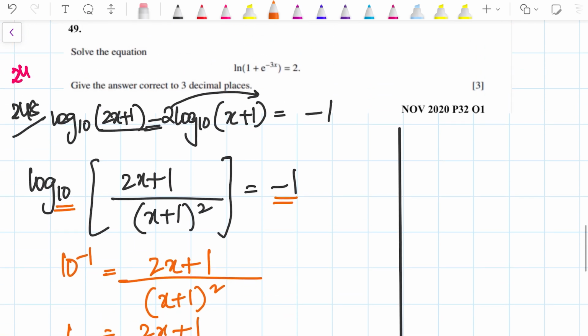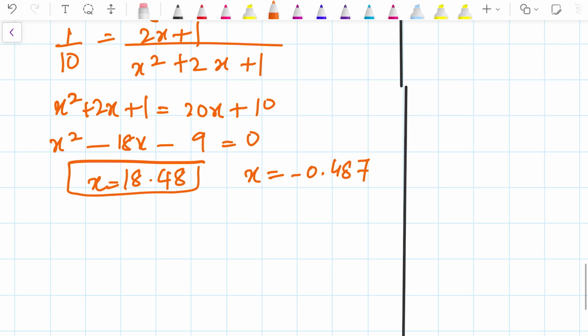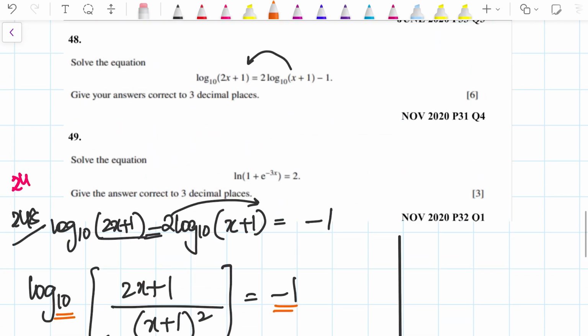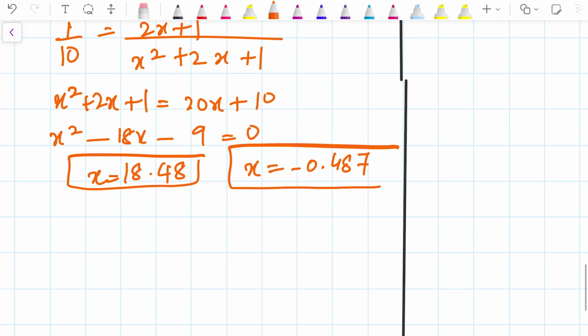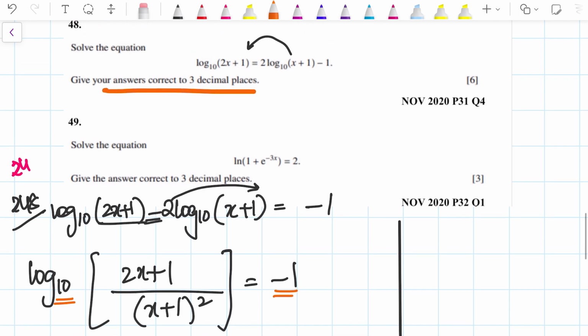Now, the next question is, give your answer correct to 3 decimal places. So, yes, we can consider the negative answer as well. Not a problem. So, we have these as my answers. Give your answers correct to 3 decimal places. So yes, we will have 2 answers to it.